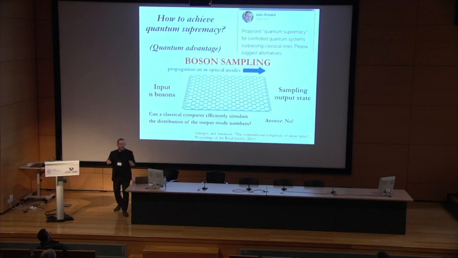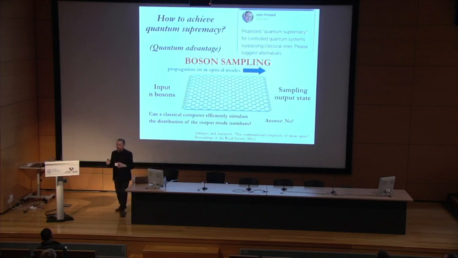But let's say we can say that the 2 terms have the same meaning. The goal is to experimentally demonstrate a regime in which quantum technology can outperform classical technology, at least for a given specific task. And within this framework, Aaronson and Arkhipov proposed to exploit boson sampling.